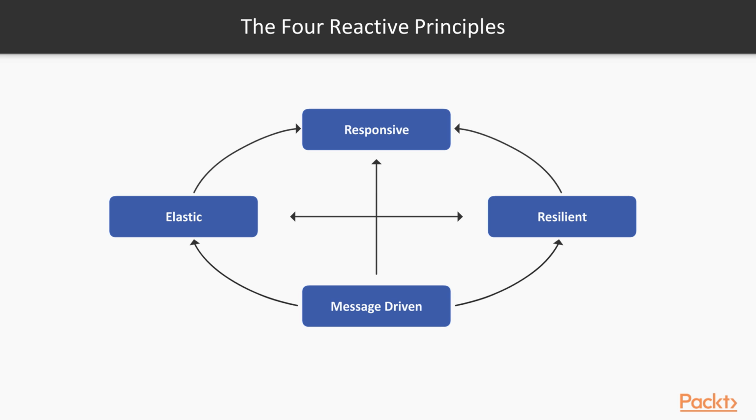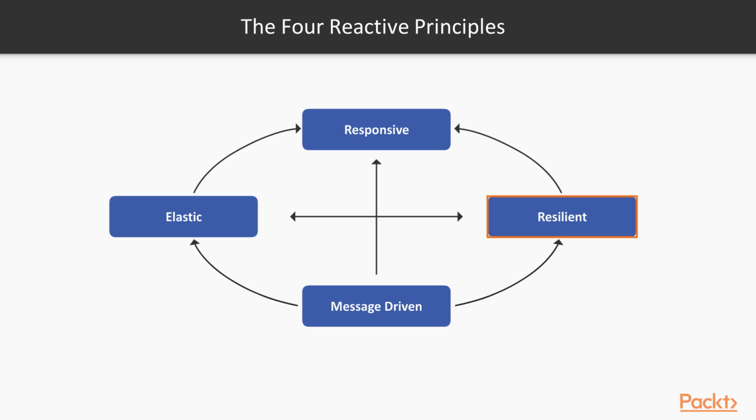Now, the 4 principles of reactive programming are responsive, resilient, elastic, and message-driven. Responsive basically means that the system should be fast and provide useful feedback for user interaction and error conditions. Resiliency is immunity to failure.